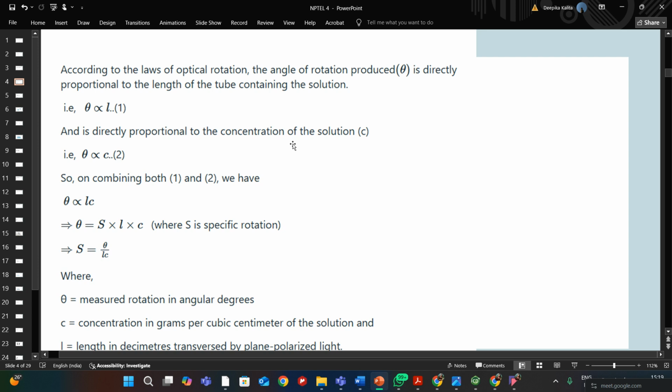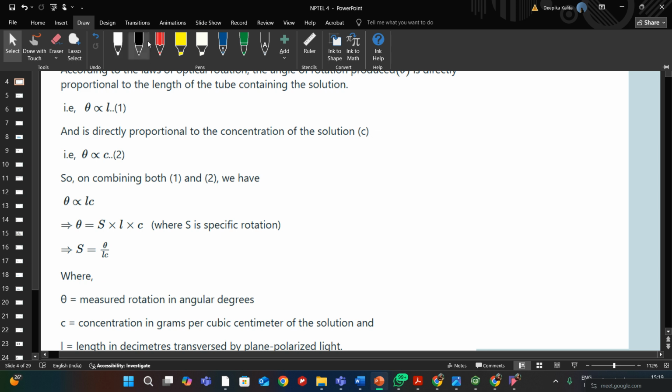And along with the length of the tube, angle of rotation is also proportional to the concentration of the organic solution. Hence, we can derive the formula for the specific rotation as this, which is written here.